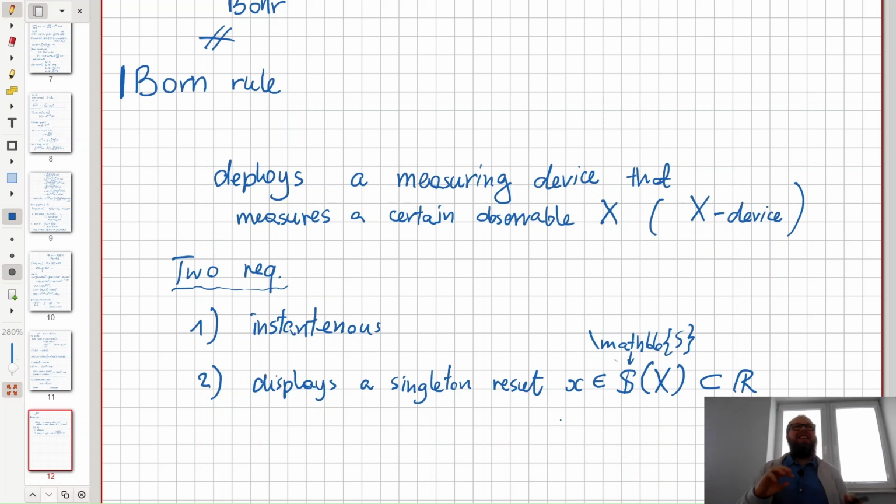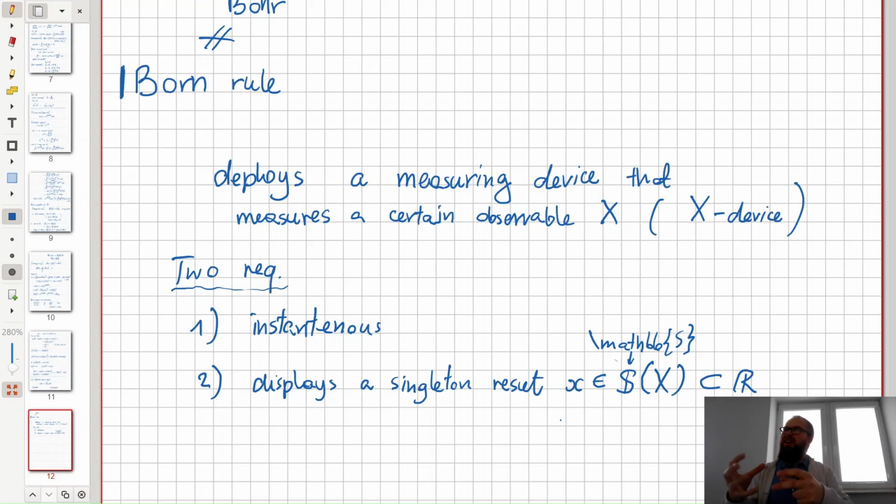This is a thing that is communicated by the device to us. Implicitly, the device not only does something instantly, but we as humans, classical beings, are able to read out what it displays. It shows that there is a bridge between quantum and classical.